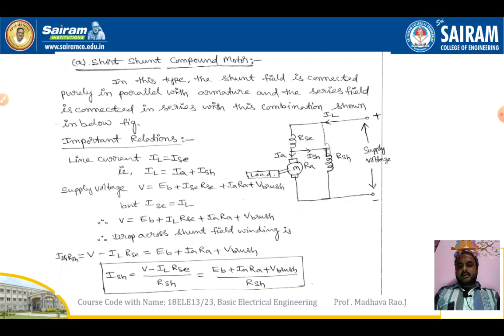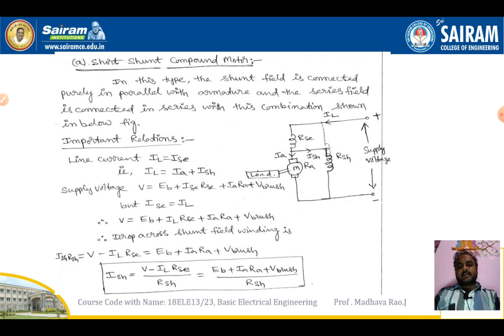So this is about the supply voltage. Next, the voltage drop across the shunt field winding, ISH RSH, is equal to V minus IL RSC. V you already know: V is equal to EB plus IL RSC plus IARA plus V brush drop.